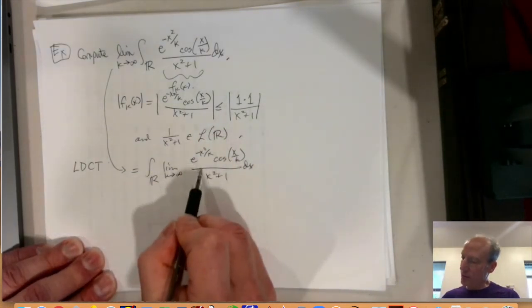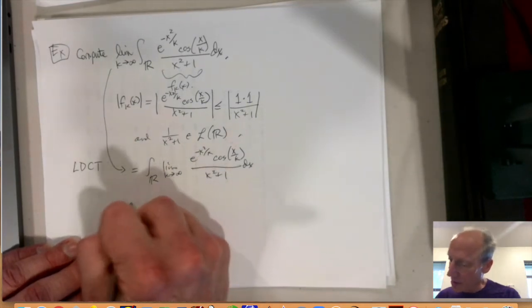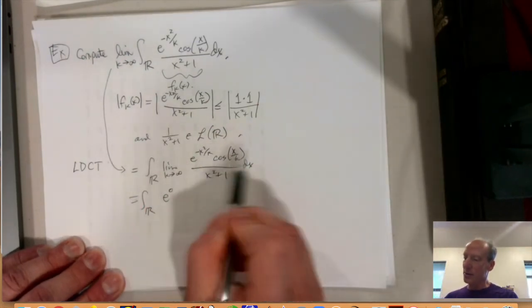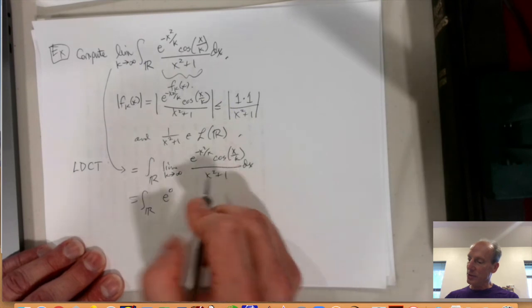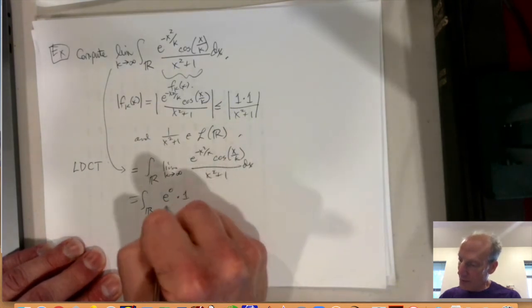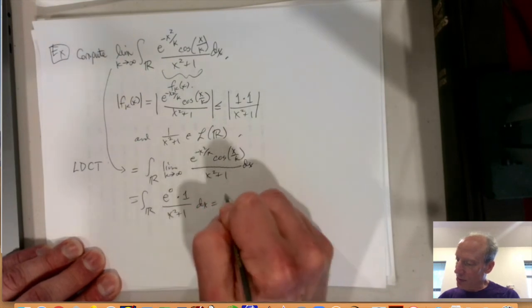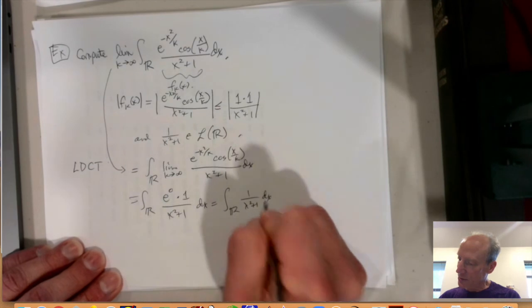So as k goes to infinity for each x, that goes to 0. So this is the integral of e to the 0, and then, yeah, we're looking at it for fixed x. As k goes to infinity, that goes to 0. So that goes to 1. Divided by x squared plus 1 dx equals the integral over R of 1 over x squared plus 1 dx.